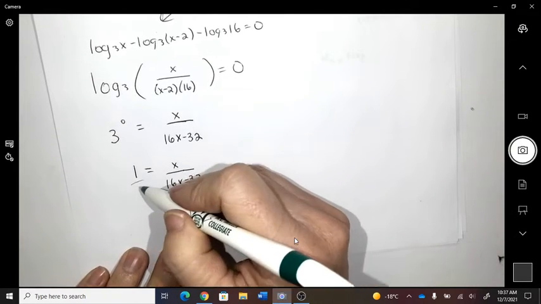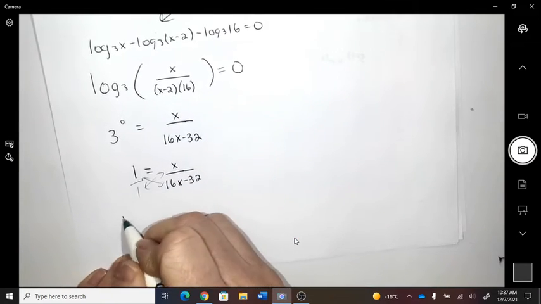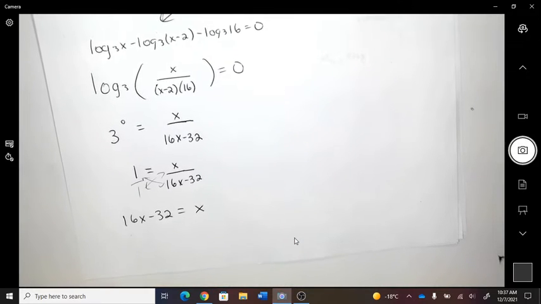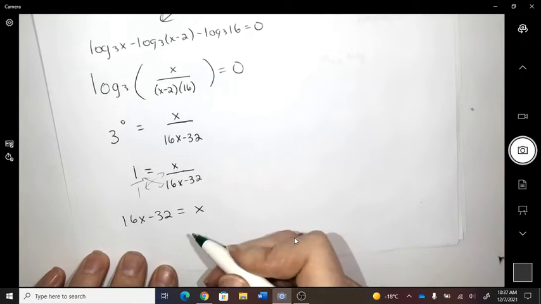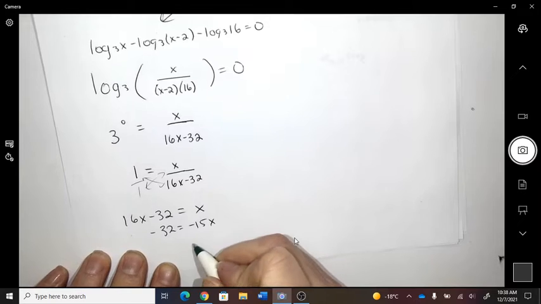Now I'm going to cross multiply this. So 16x minus 32 equals x. So negative 32 equals negative 15x.